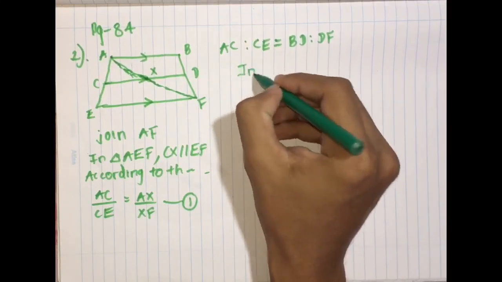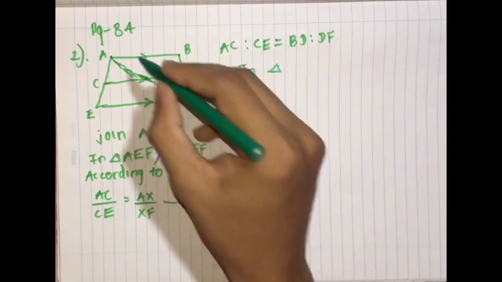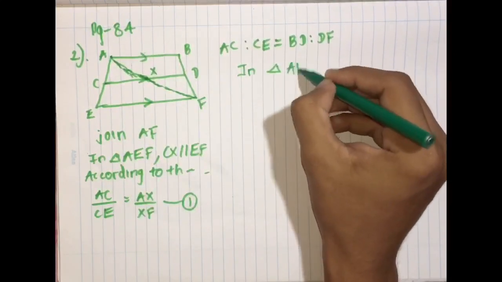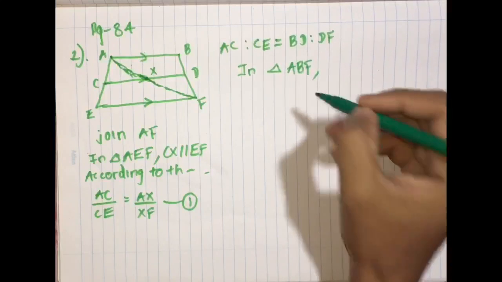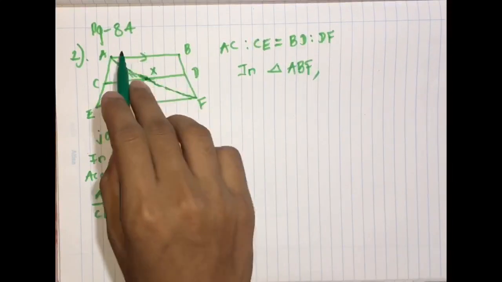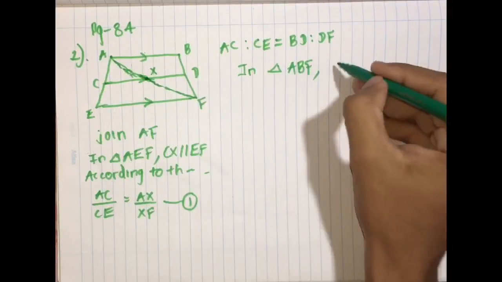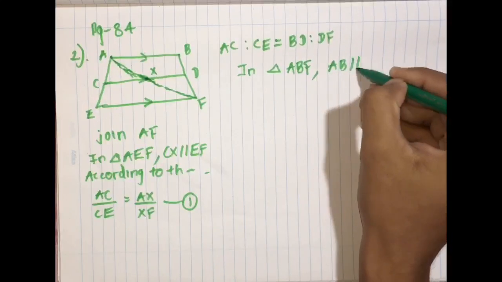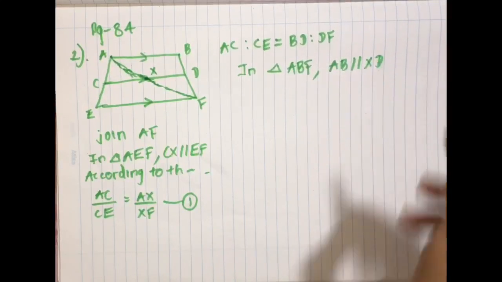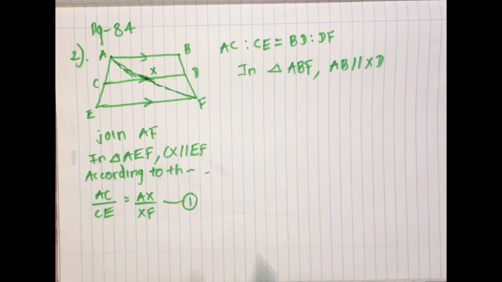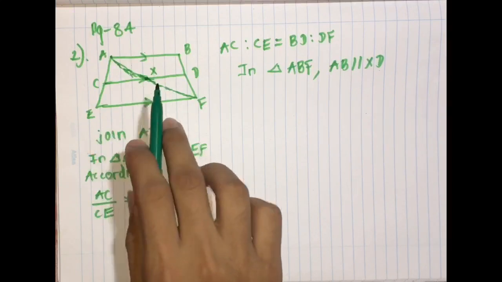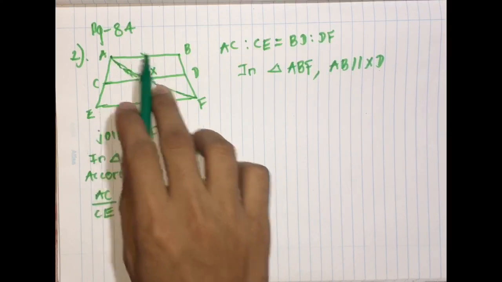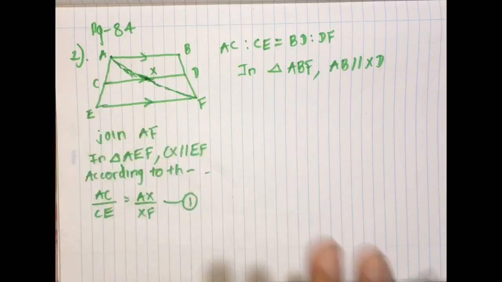Now you have to take the other triangle, that is ABF. Now in triangle ABF, this and this are parallel, right? Therefore you can say AB is parallel to XD. One thing we studied is that if in a triangle a line is drawn parallel to one of the sides, it cuts the other two sides in the same ratio.